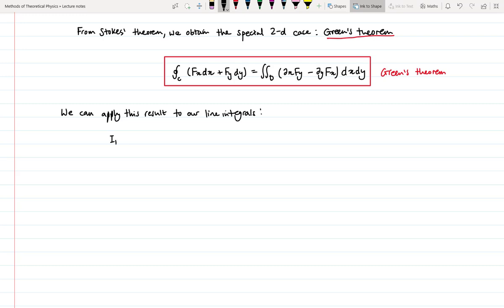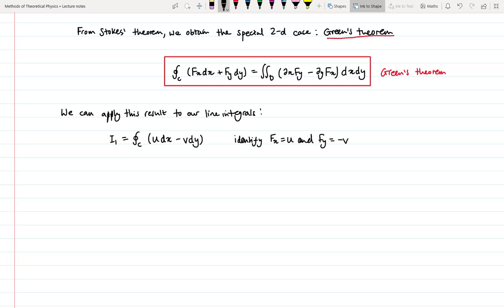First of all, we had that I1 is the integral along the closed loop C of u dx minus v dy. Looking at Green's theorem, we can identify that fx is u and fy is minus v.